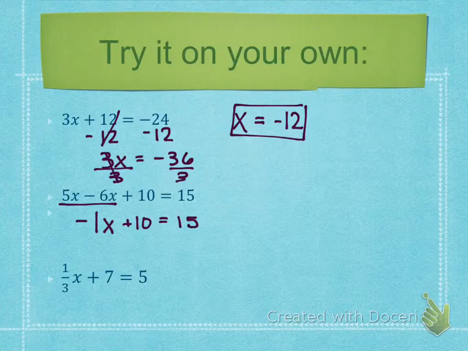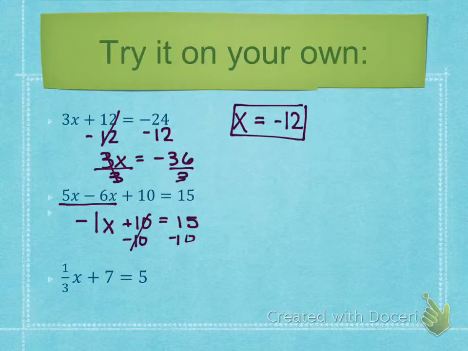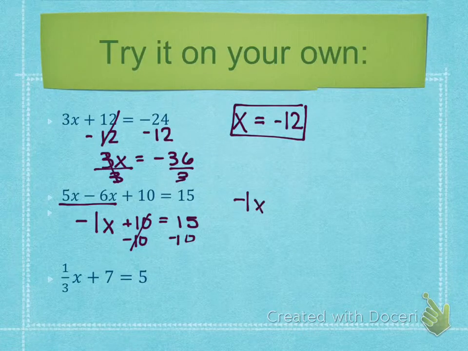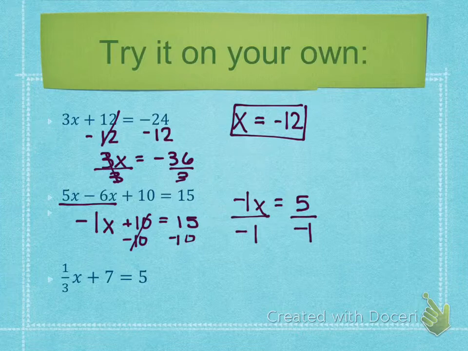Okay. Alex, what do I do next? You subtract 10 from 15. Very good. Subtract 10 on both sides. Once I subtract 10 on both sides, I've got negative 1x equals what? 5. Then I divide by negative 1. You always want to divide by whatever is in front of the x.